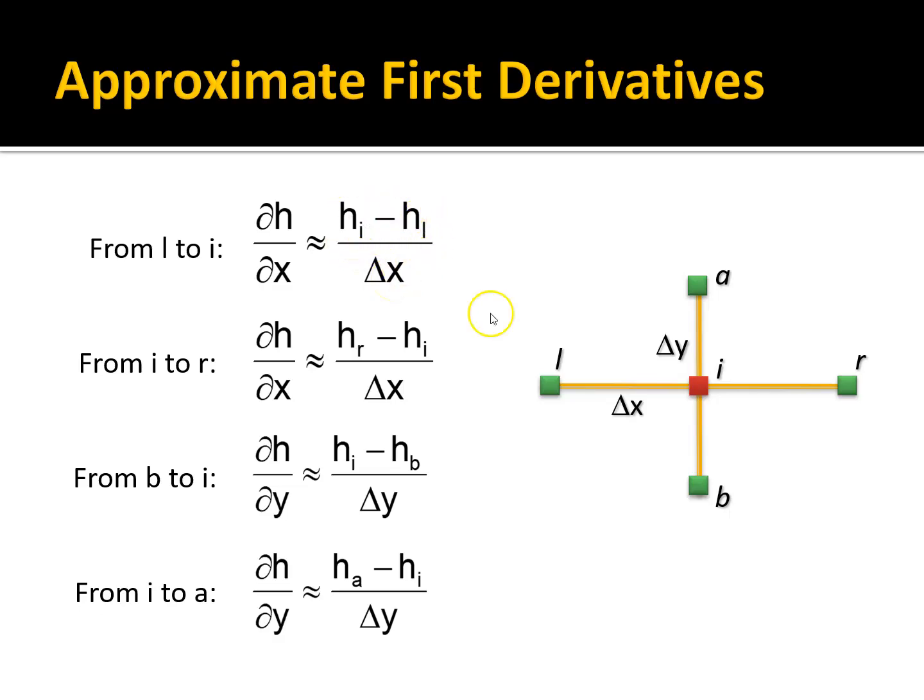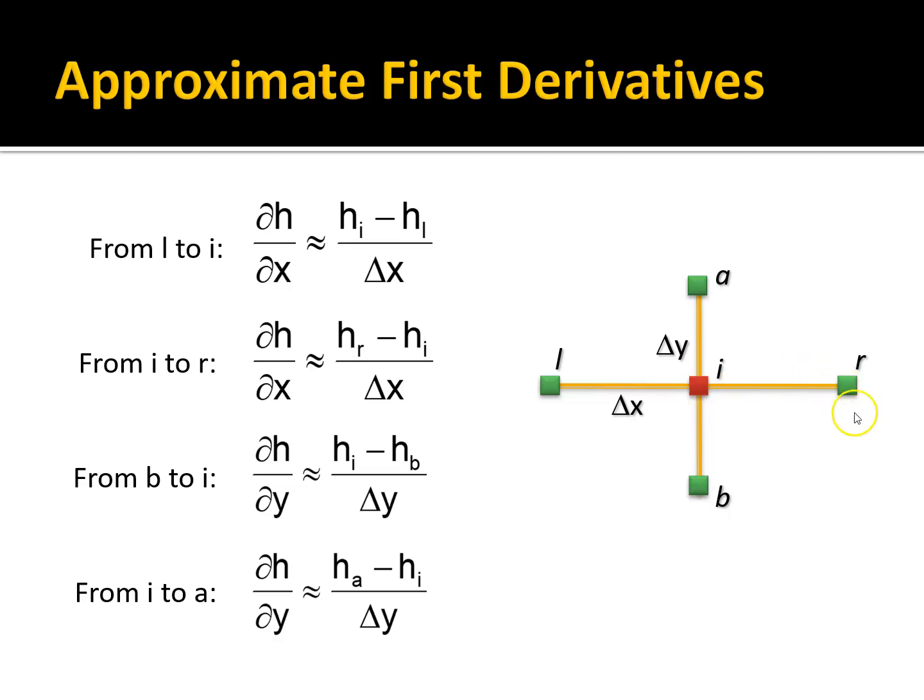So this HI minus HL, if you take the head where you end, subtract the head where you begin, that's the change in head. So HI minus HL over delta x, that's essentially the hydraulic gradient, the first derivative between L and I.